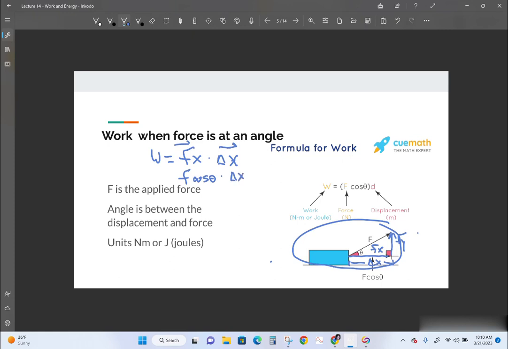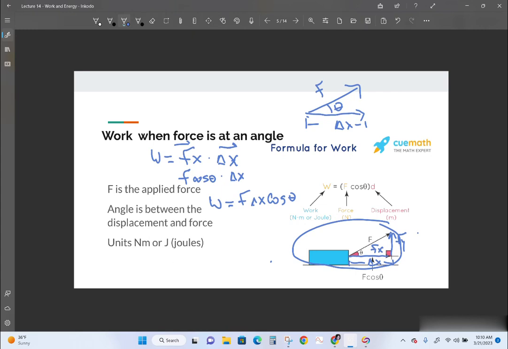And if we rearrange it, a lot of times we'll see the formula for work is F delta X, or F delta X times cosine of theta, where theta is the angle between the force and the displacement vector. So here's your force vector, and here's your displacement vector. You move from here to here, and that angle is the angle between them, which in this case is the angle that the rope is held at.